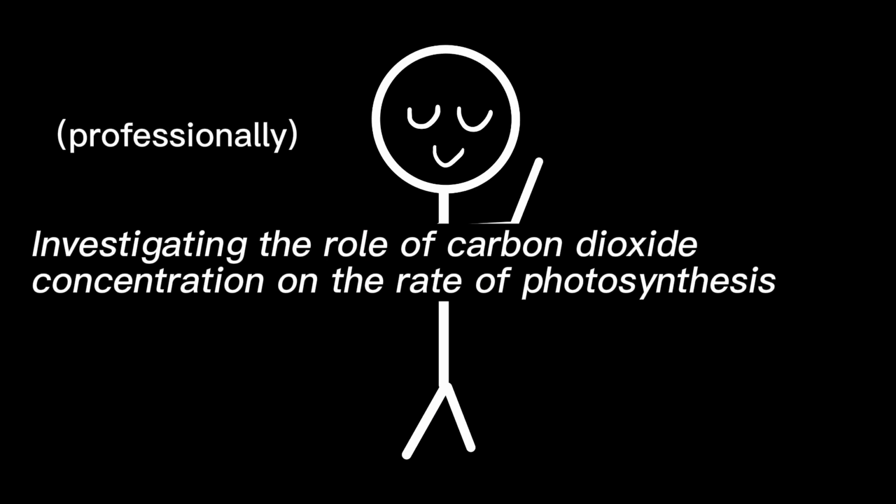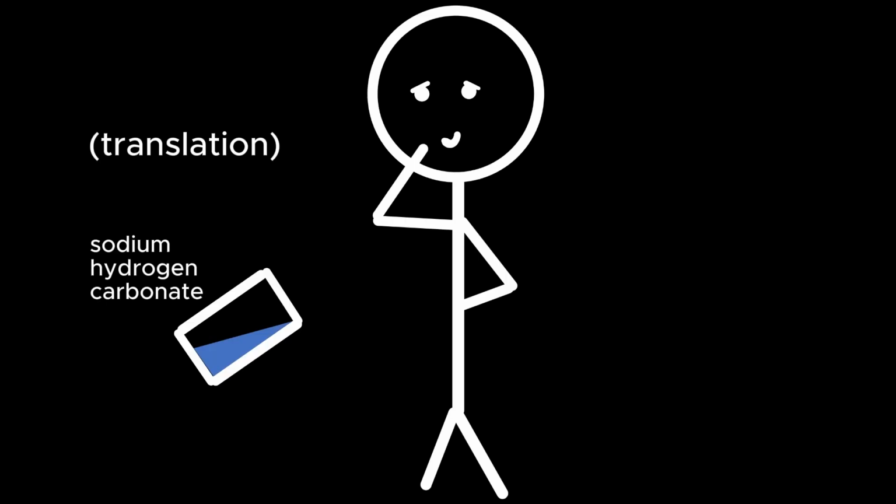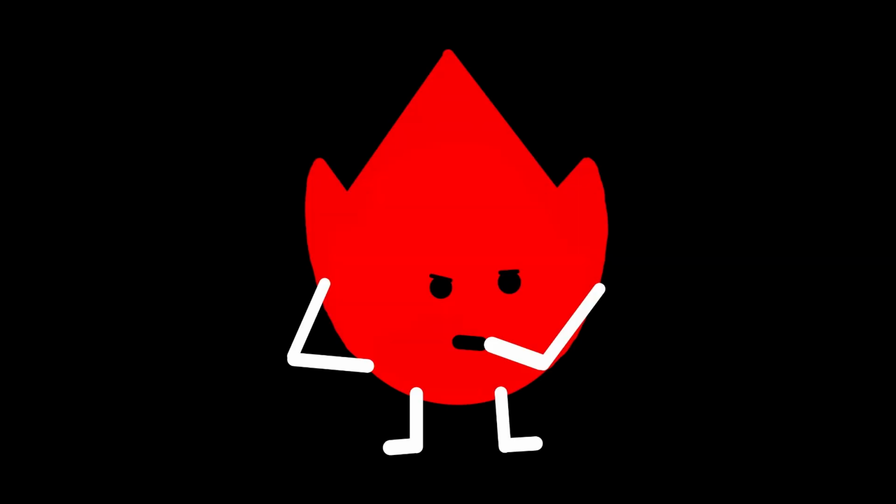What's your IA about? I am investigating the role of carbon dioxide concentration on the rate of photosynthesis by adding this and counting the number of oxygen bubbles produced. That sounds fun. I also want to do an IA.